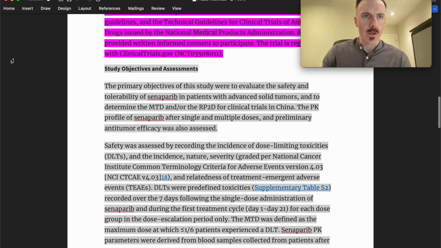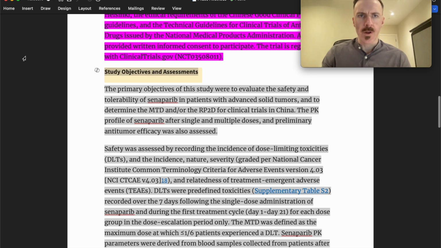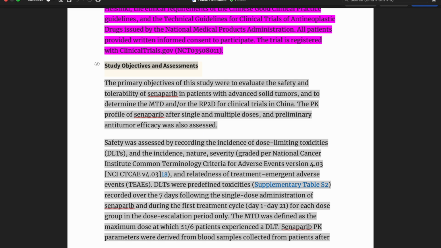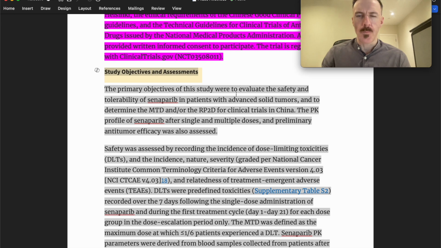So let's have a quick look at the primary paper and let's see if they did indeed report this in the introduction. I believe they did.